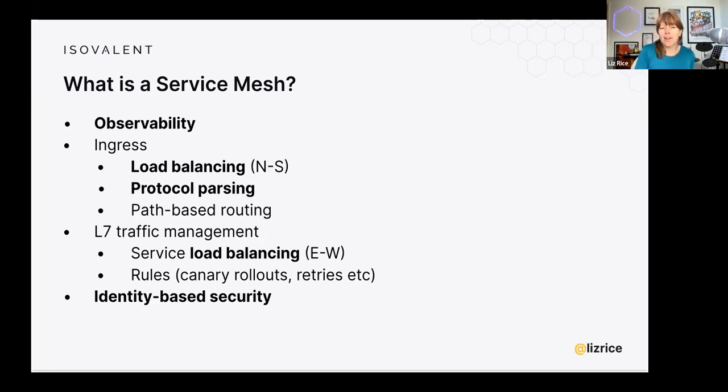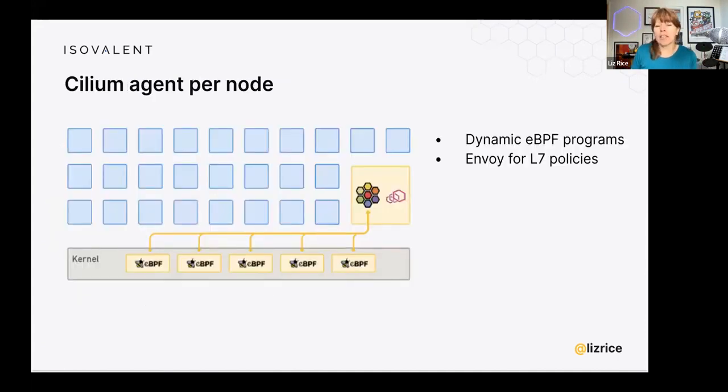I remember when I first joined Isovalent, Thomas said to me, yeah, Cilium is already an 80% service mesh. And I think that was absolutely true. What do we need to do to fulfill the other 20%? Well, one part of that is using more of the capabilities of Envoy.